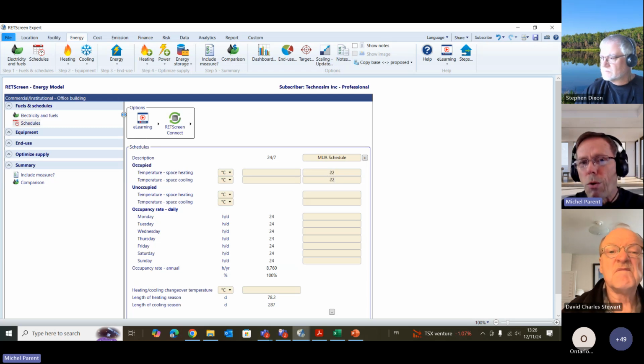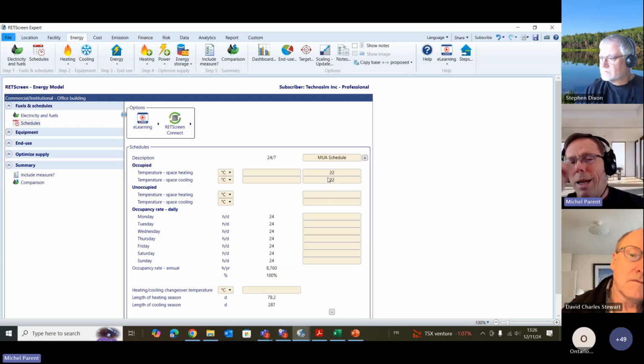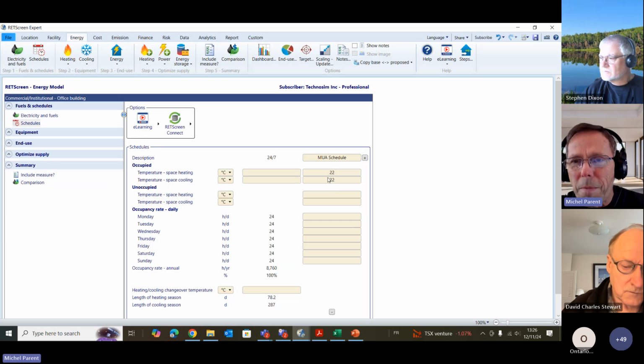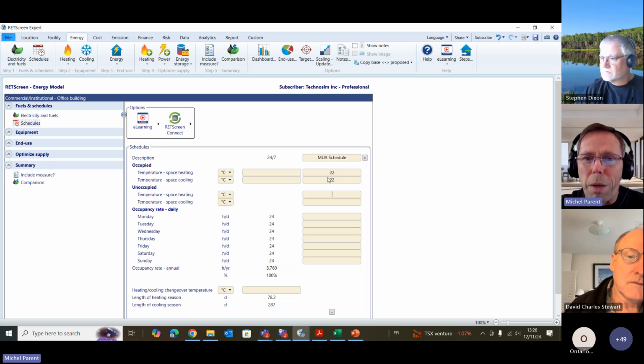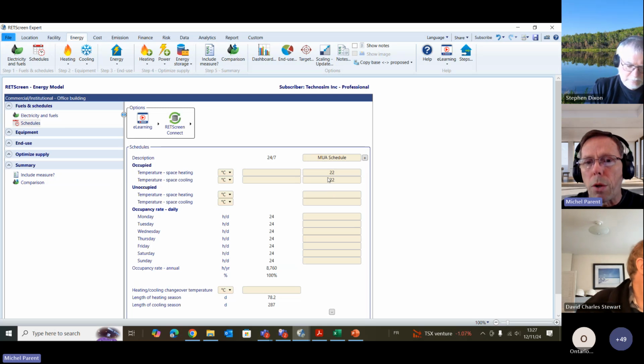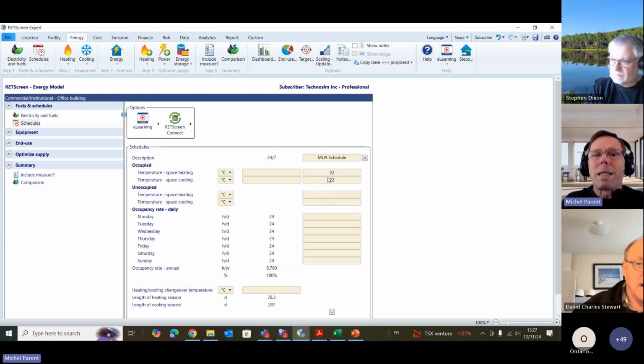Now, for those of you who were there last week, did I make my first mistake? The answer would be yes. If you remember, we said there is, I'd say, a variation that you have to make when you define a makeup air unit. You have to define your set point, because this is not the space temperature set point you're defining.